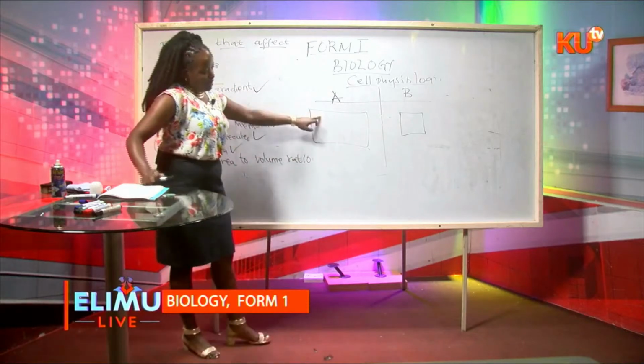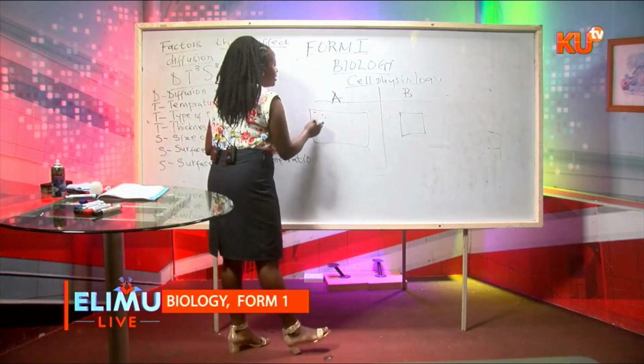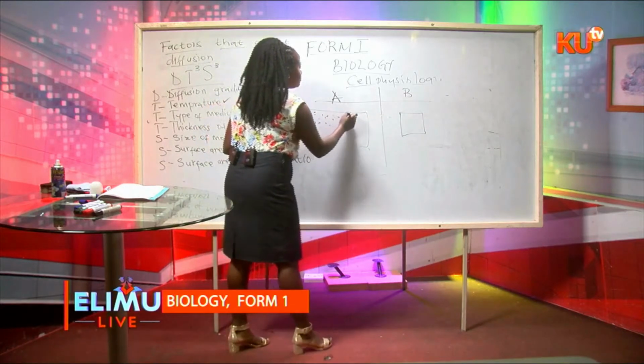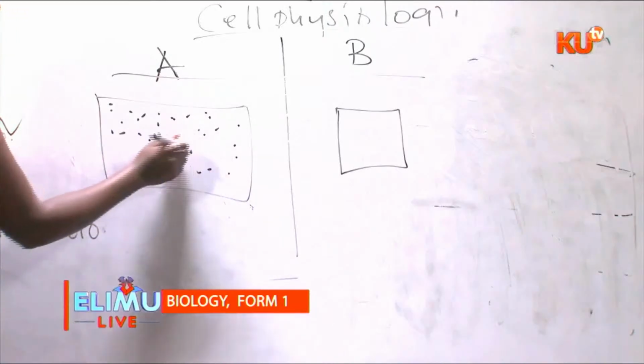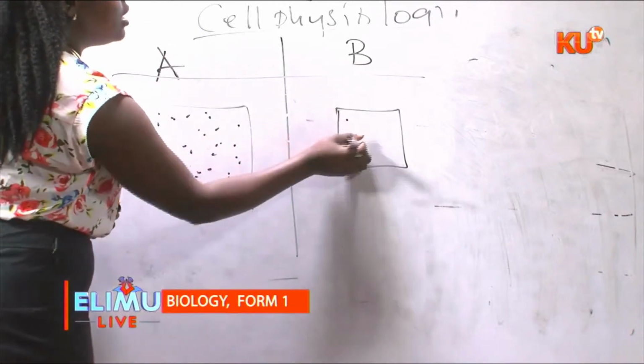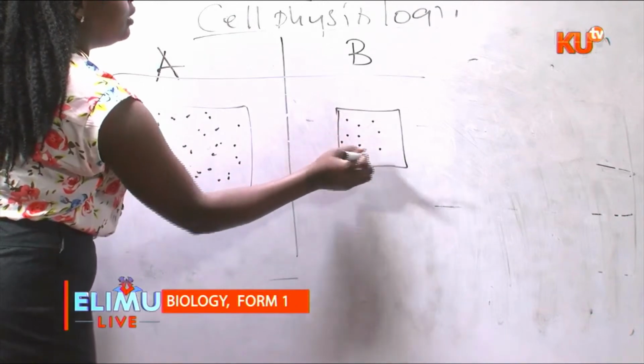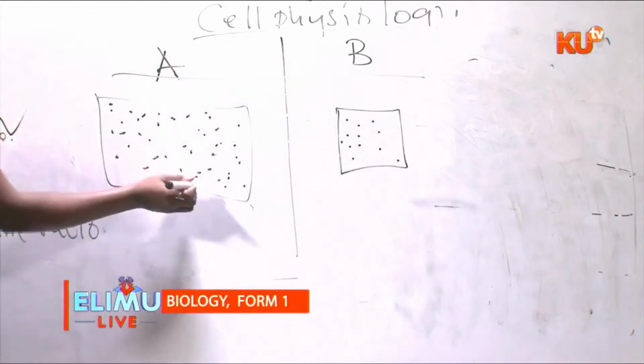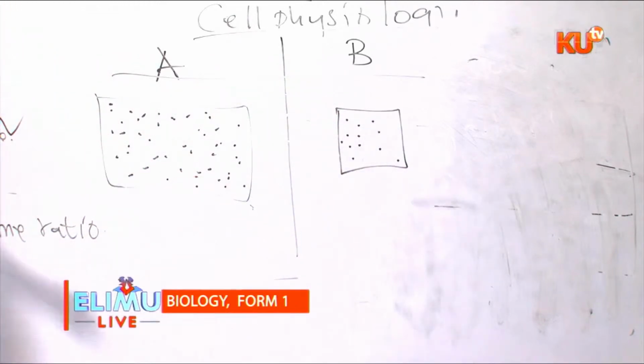So this is big, meaning that more molecules will diffuse, but this other side, surface B, is small, meaning only a few molecules or particles can move to their region of low concentration.